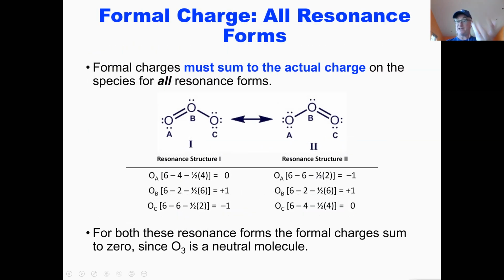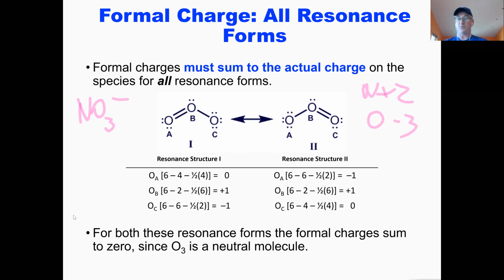So when we look at the resonance forms for a structure, all the formal charges, when you add them all up, have to be the charge on the species, right? I mean, when we looked at the nitrate ion, we saw that, right? At the end, there was more than one way we could put it. So for one of them, we had nitrogen with a +2 and all the oxygens with a -3.